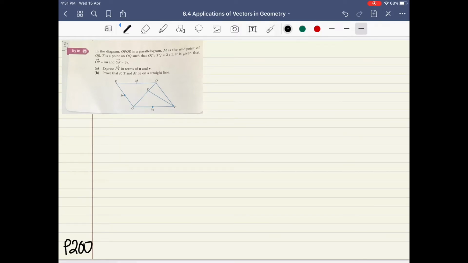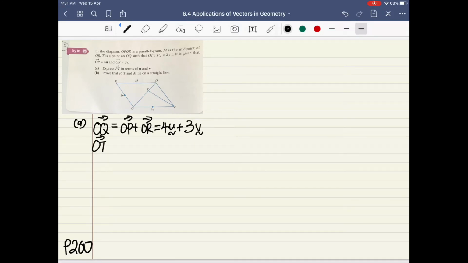Now we move on to page 200, Try It 26, a slightly longer question. Just take some time to read through the question and I'll move right into expressing PT in terms of U and V. First we can start with OQ. The vector OQ is equal to vector OP plus OR.